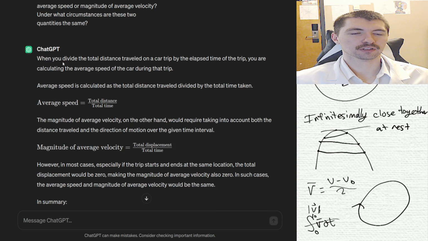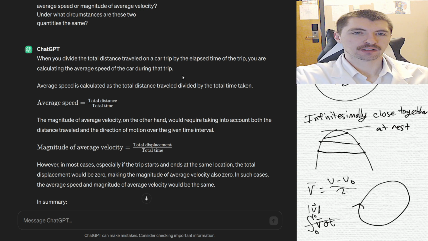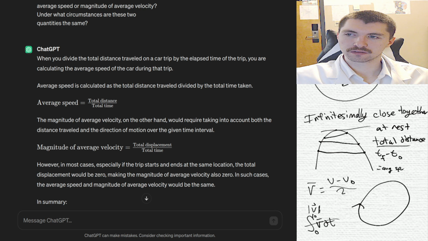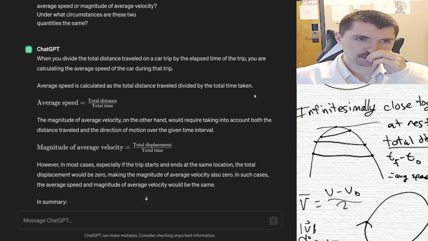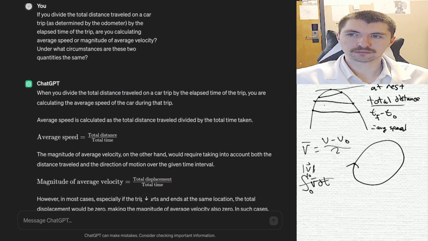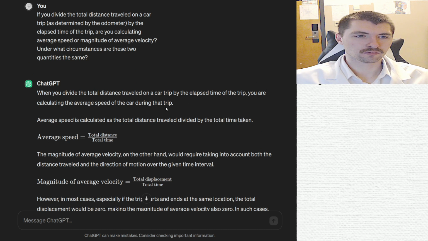Okay, so I mean this makes sense. Total distance divided by total time.